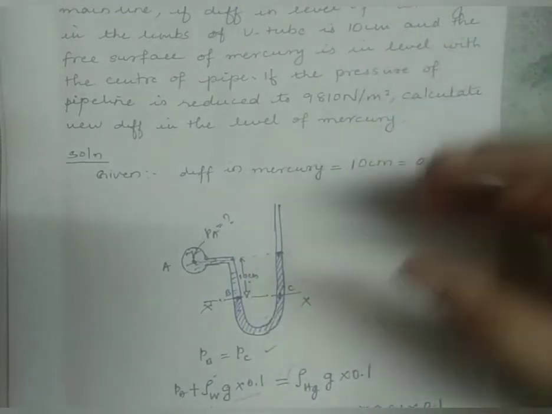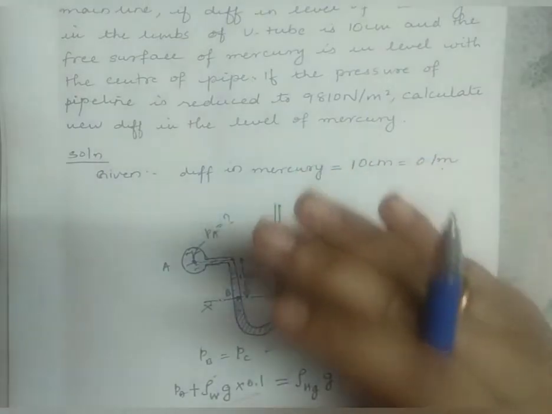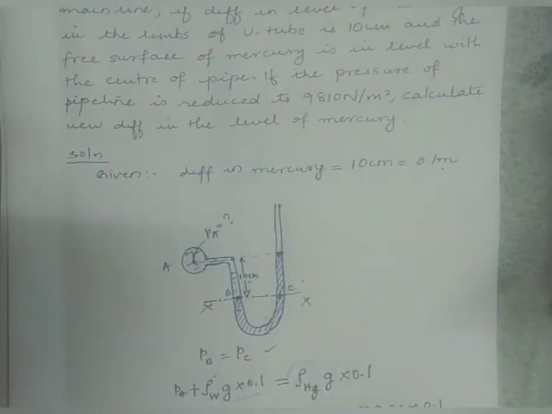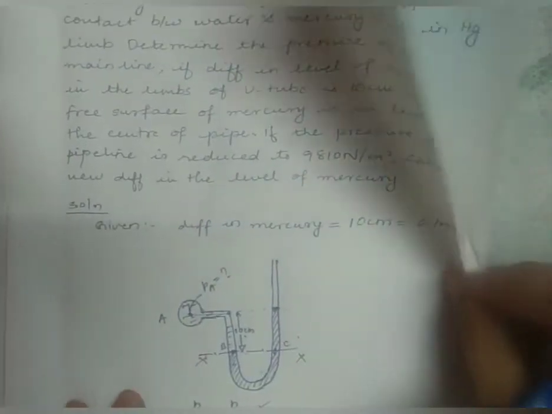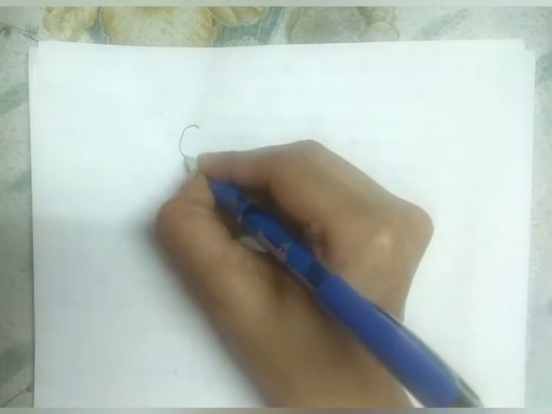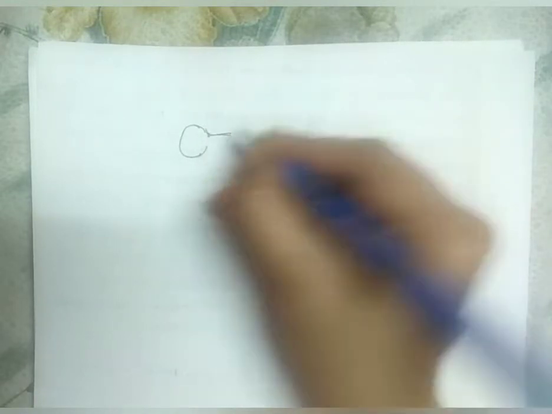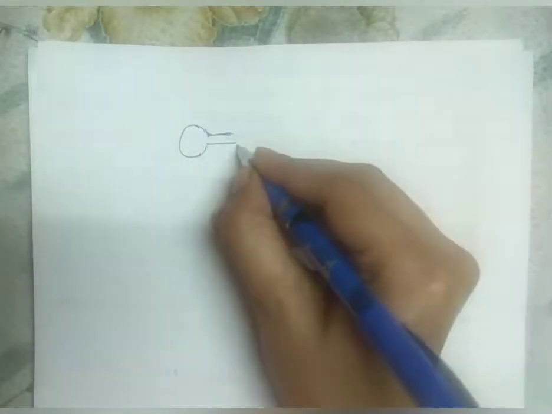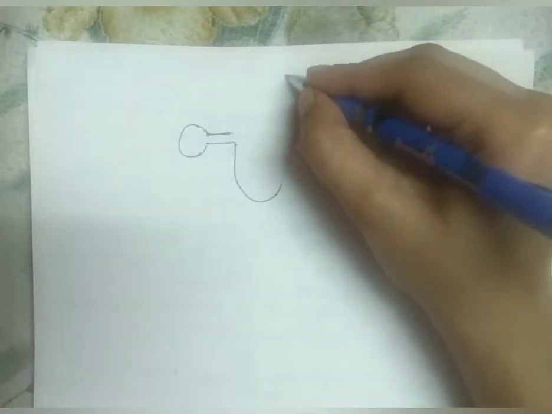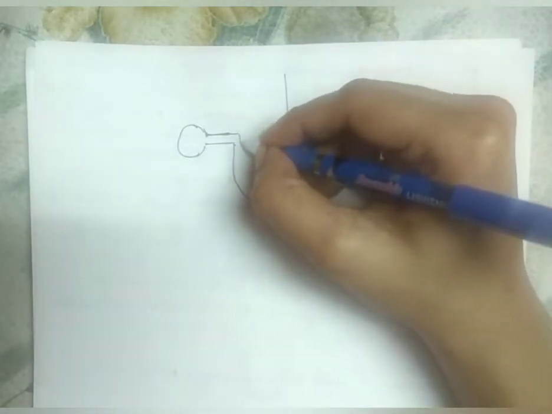Again, for the second part, first you have to draw the figure. So we will try to draw the figure of the second part. Here you first draw the main pipeline, then it is connected to a U-tube manometer, like this.